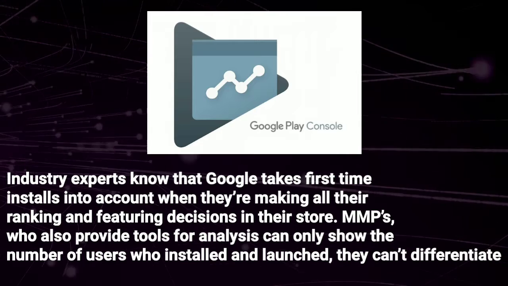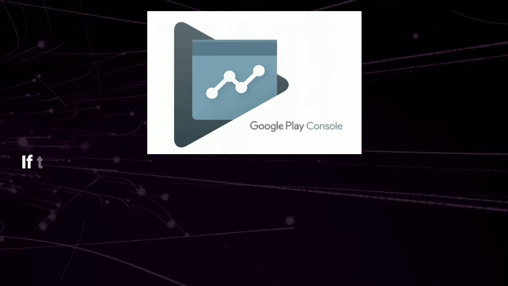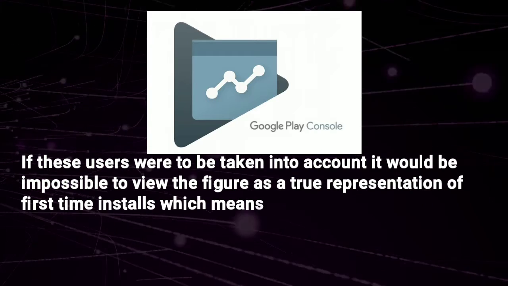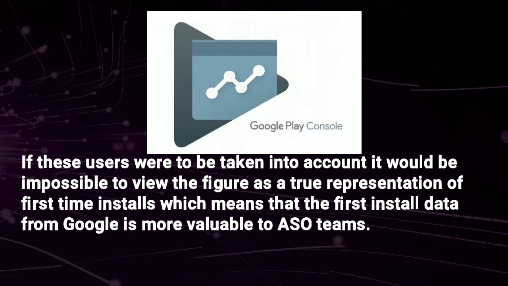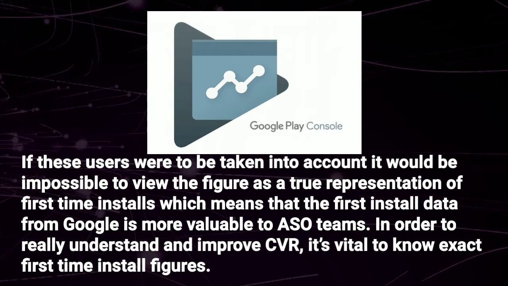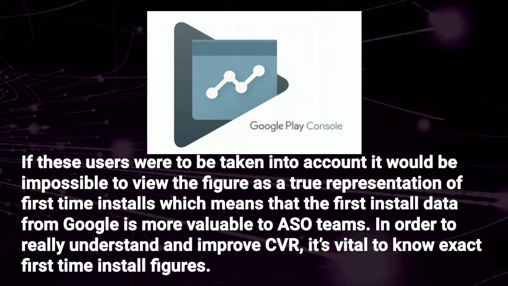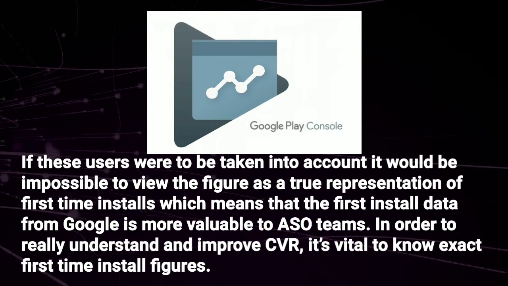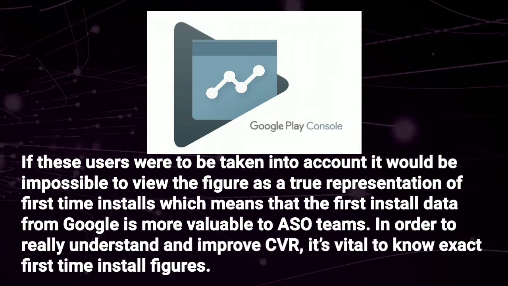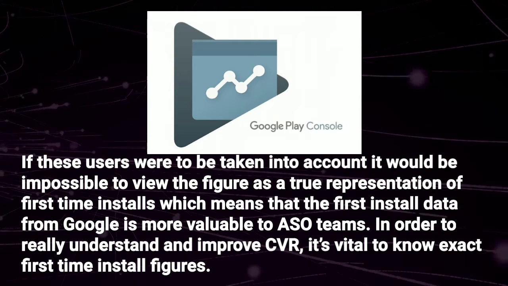They cannot differentiate whether these users should be taken into account. It would not be possible to view the figure as a true representation of first time installs, which means that the first install data from Google is more valuable to ASO teams.